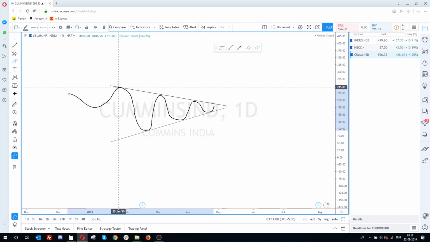So here, what's happening is that the sellers are pushing the price down, right? And again, when the price comes here, the buyers are pushing the price higher, right? So again the price goes up and takes a resistance here, and again the price goes down and takes a support here.